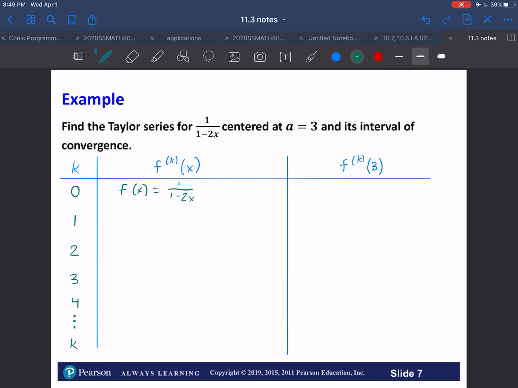All right, great. We could also rewrite this. This will be helpful for us in a second as 1 minus 2x to the -1 power. Okay, over here on the right, if we want to plug in f of 3, this is just going to be 1 divided by 1 minus 2 times 3, so 1 minus 6, which is just -1/5.